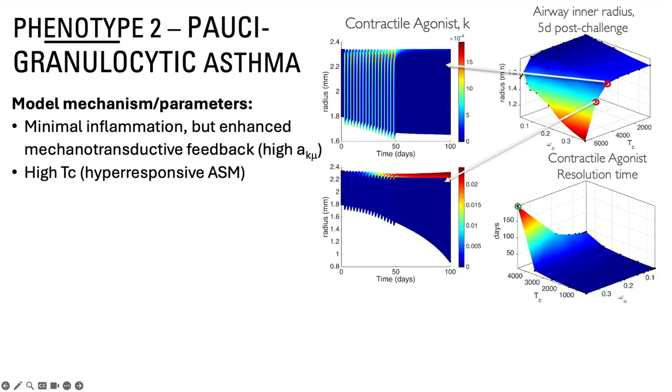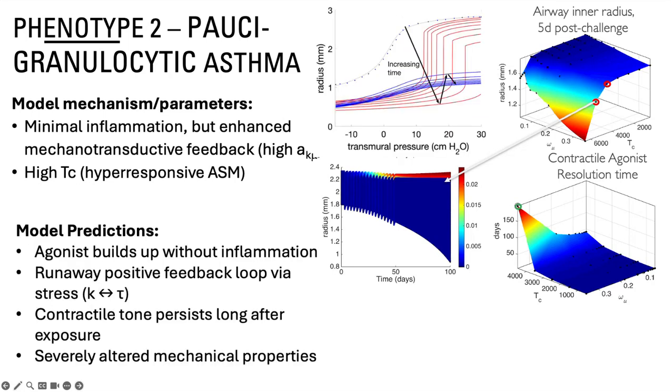But if you just move the hyper-responsiveness slightly along that axis, then we end up with this runaway feedback loop where we've got a really rapid increase in airway wall thickness, and the agonist takes a long time to resolve, suggesting that there's this persistent contractile tone in the airway. So I think I said all of that with the severely altered mechanical properties that you see up there.